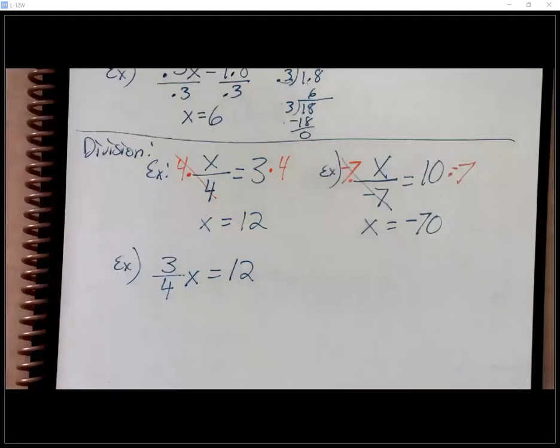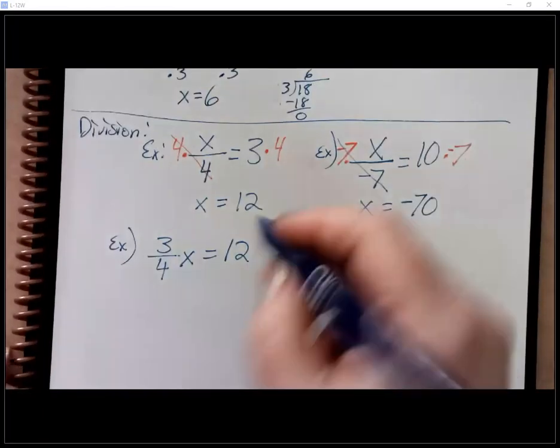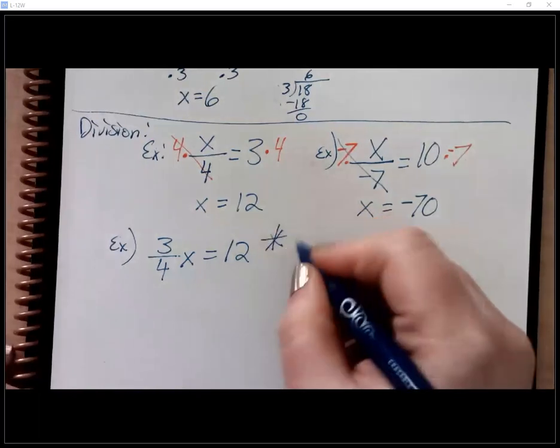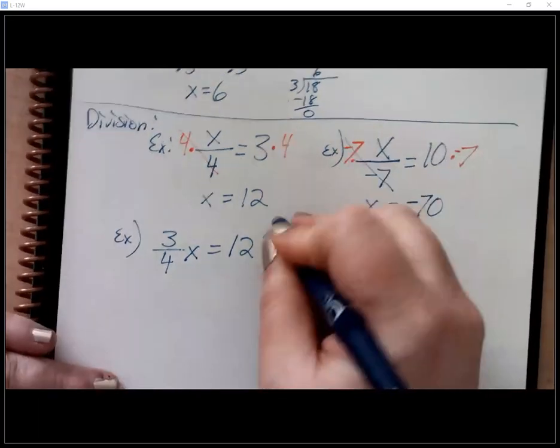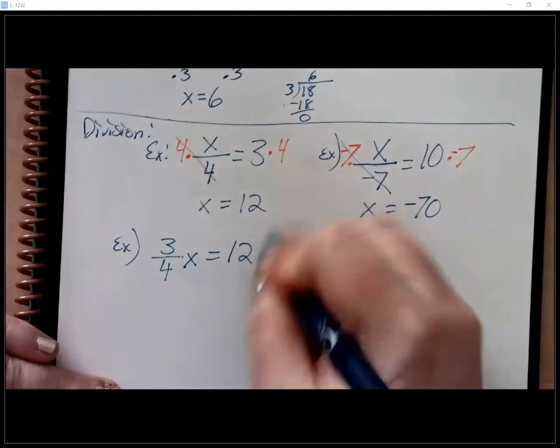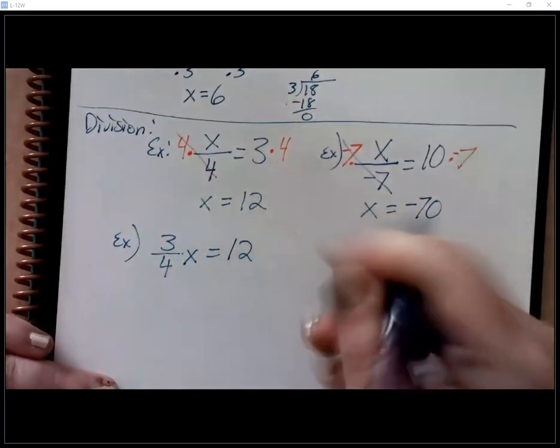So that's exactly what we're going to do here. I do want to divide both sides by 3/4, but dividing by 3/4 is the same thing as multiplying by the fraction flipped over. So I'm actually going to put a big star here because this is important. Oh, I should have left myself a little space because I need to put something next to that 12. So I'm just going to put a big old star.